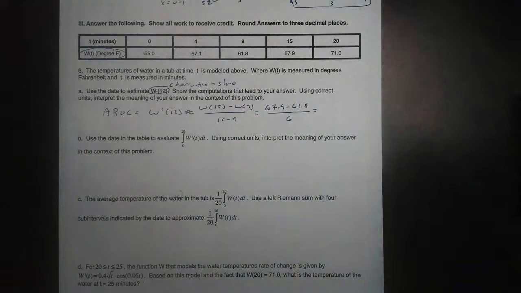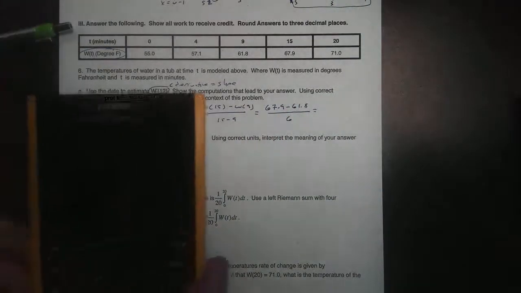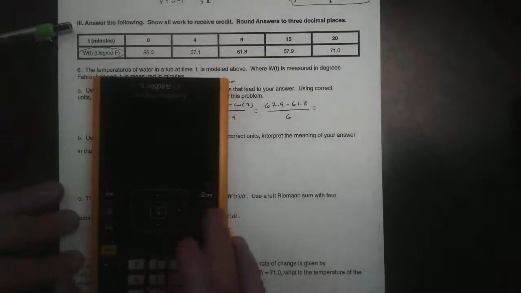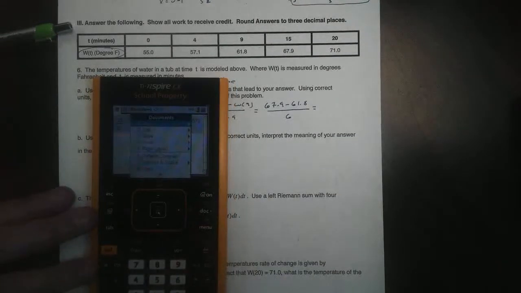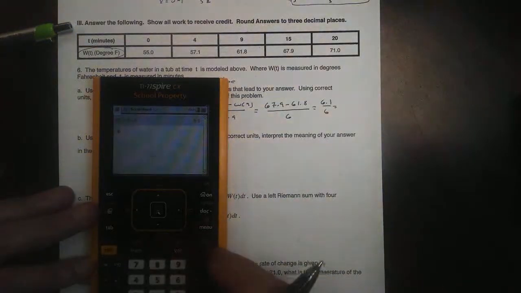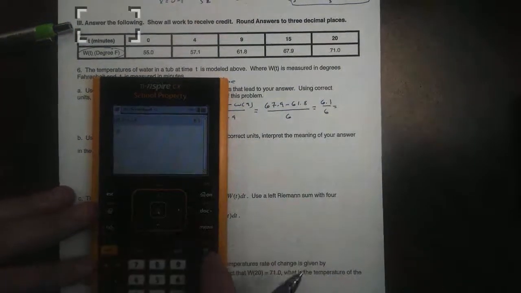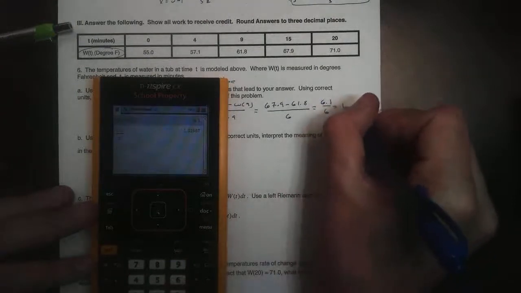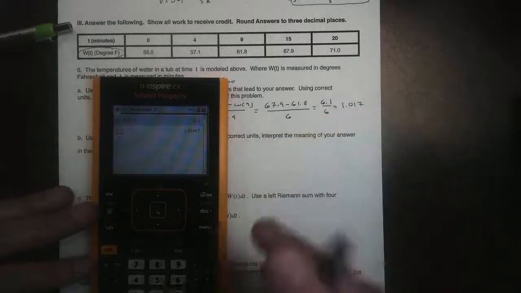I'm going to get my ever trusty calculator to do the nasty work for me. 67.9 minus 61.8, I get 6.1 over 6. If I divide that by 6, 6.1 divided by 6, we get 1.017 roughly.